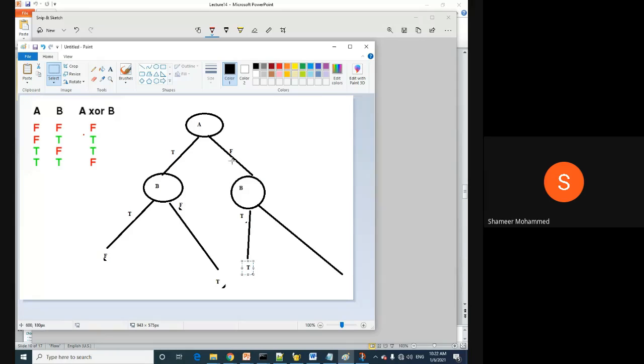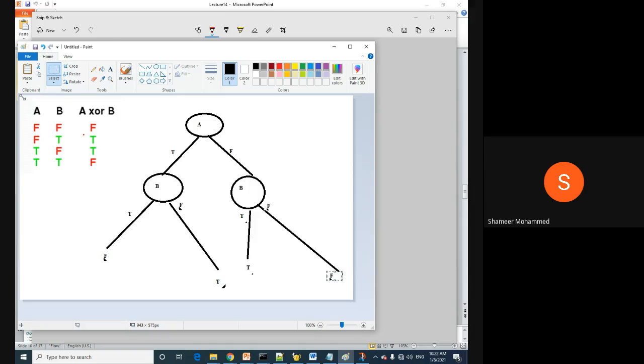Similarly, if A is false and B is false, the result is false.